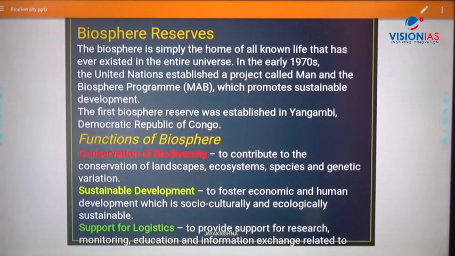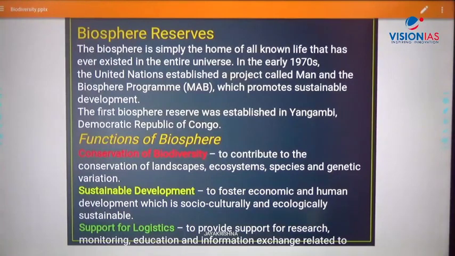The next one, supporting function. Biosphere reserve supports the scientific research and analysis. Full stop.